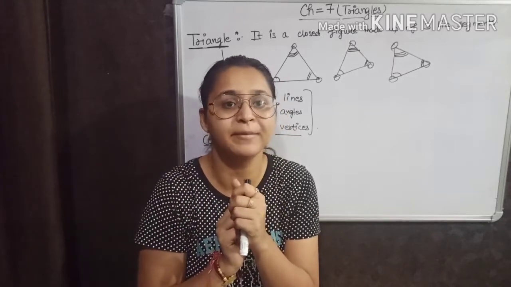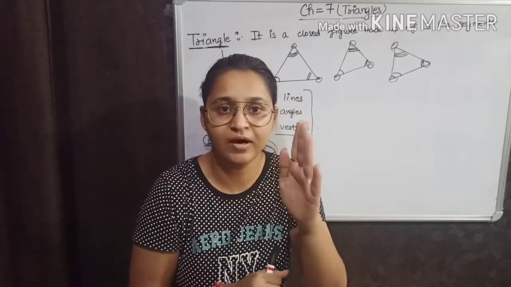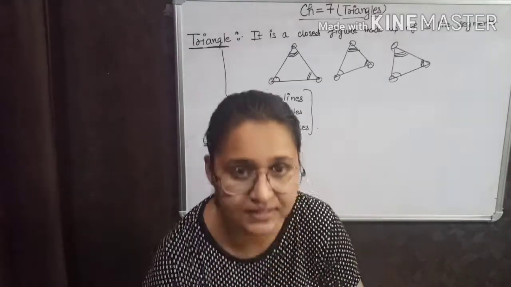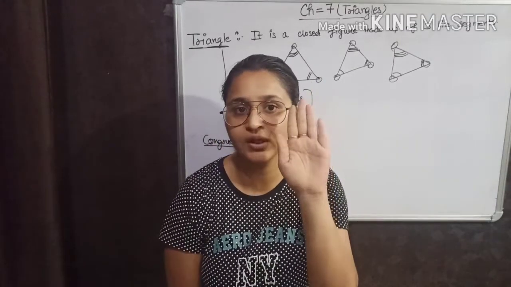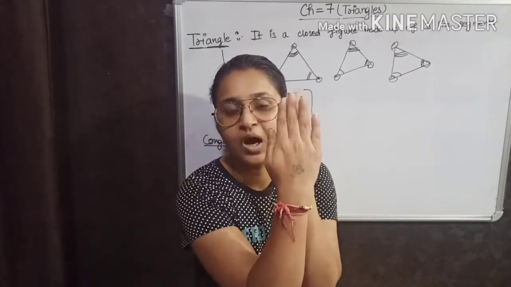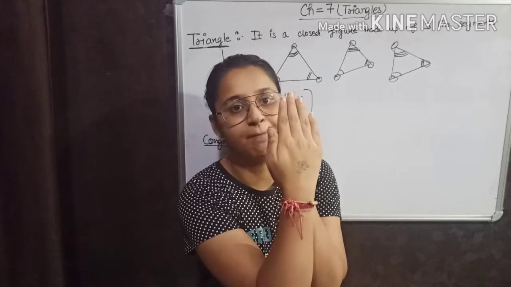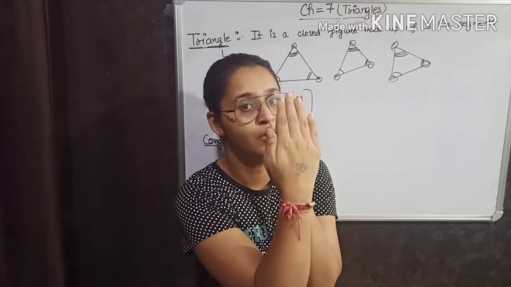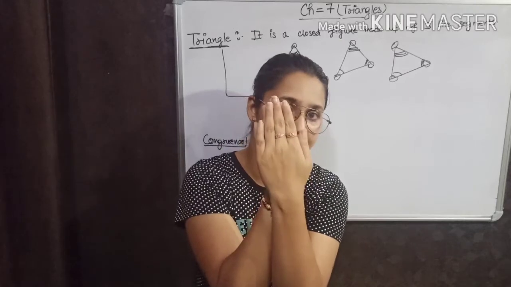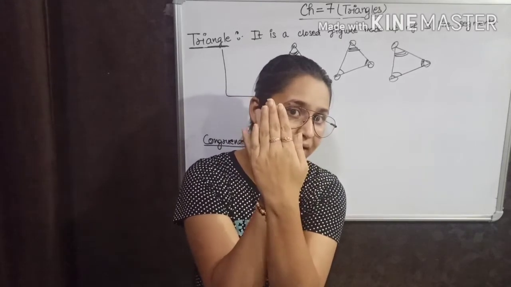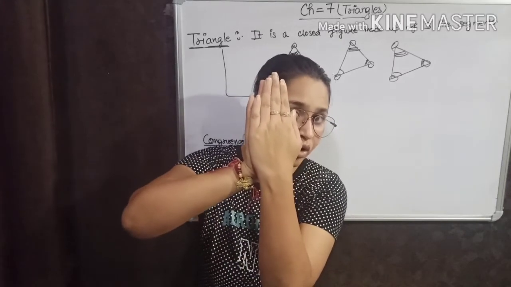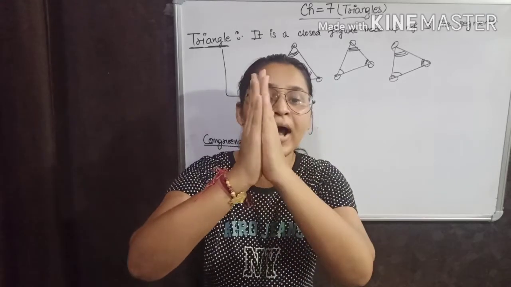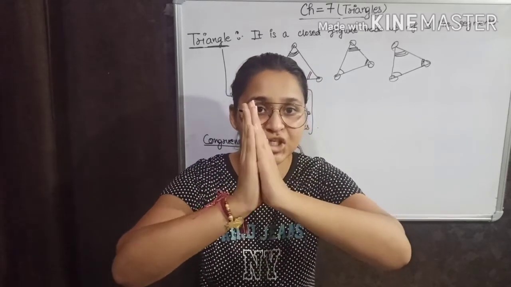Must overlap means, like I have two hands, if I am putting this hand over this hand, are you able to see my back hand now? No. And if I rotate like this, are you able to see this hand now? No.